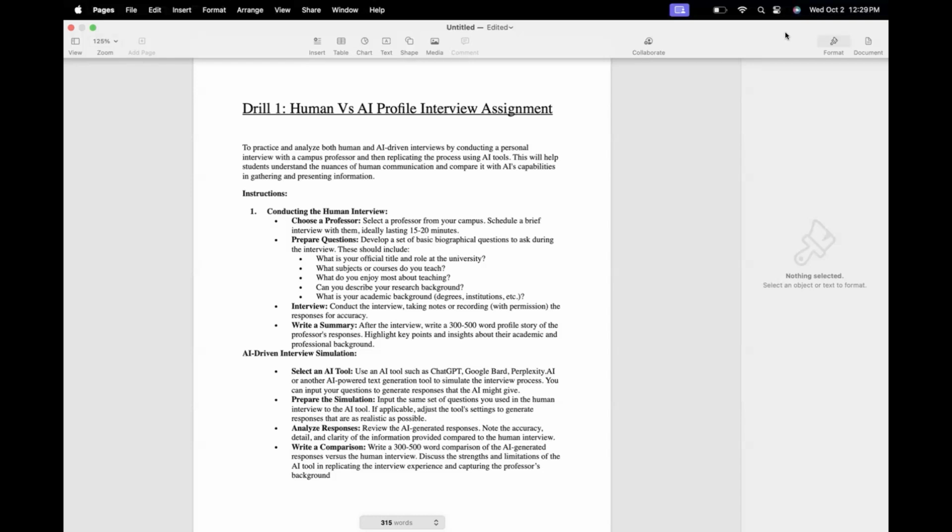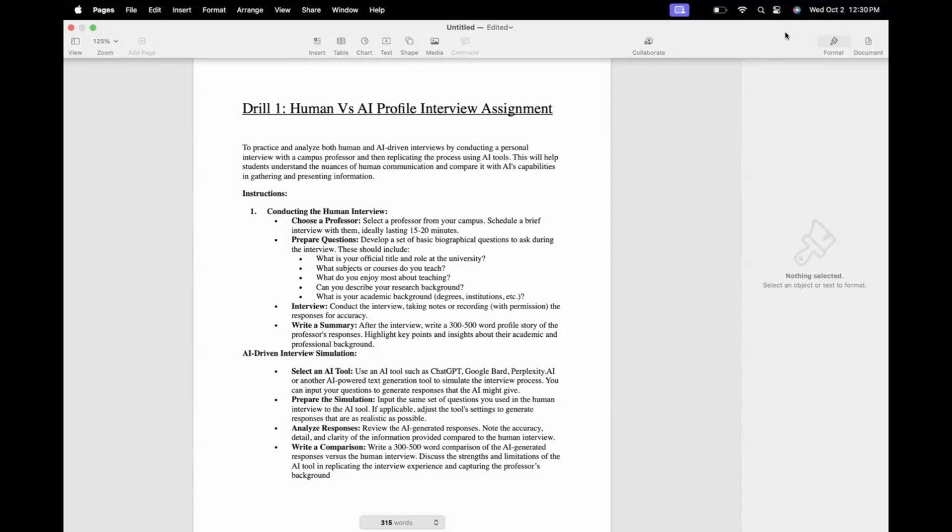They had to prepare questions, get the background of the professor, learn about their journey and things of that nature. And then they would write the story as a journalism student normally would.